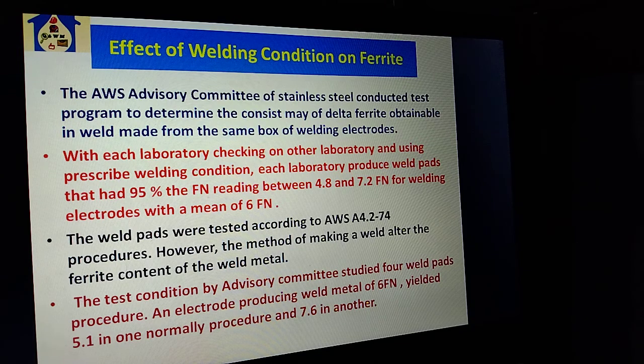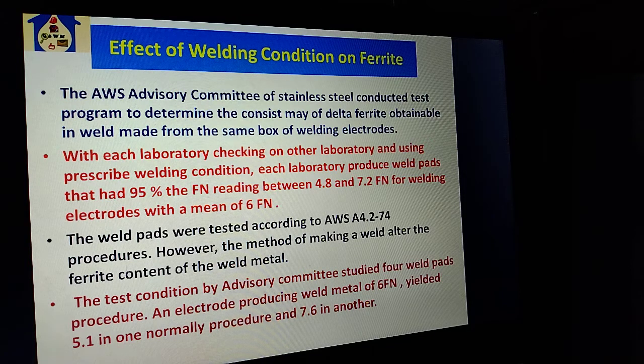With each laboratory checking on the other laboratories and using prescribed welding conditions, each laboratory produced weld pads that had 95% of the Fn readings between 4.8 and 7.2 Fn for a welding electrode with a mean of 6 Fn.